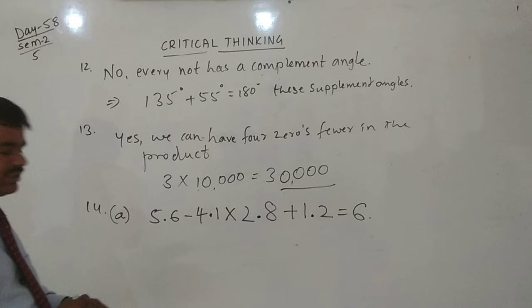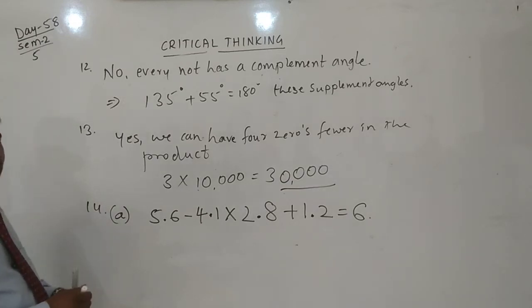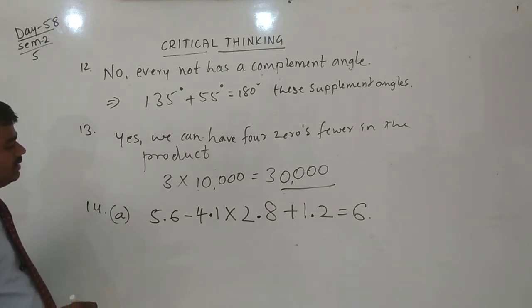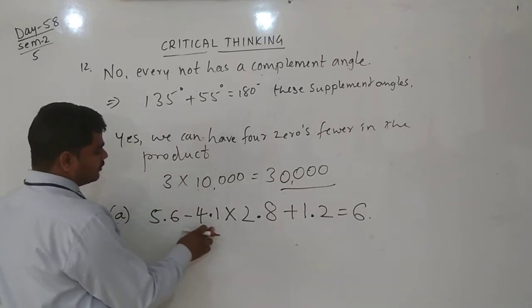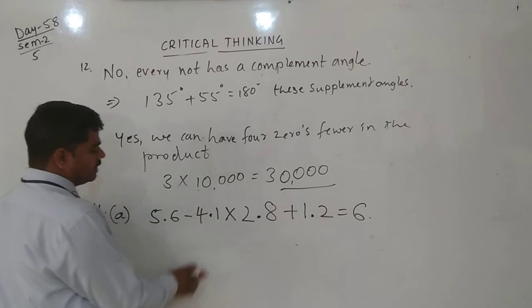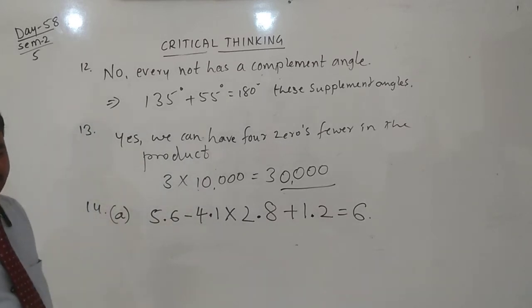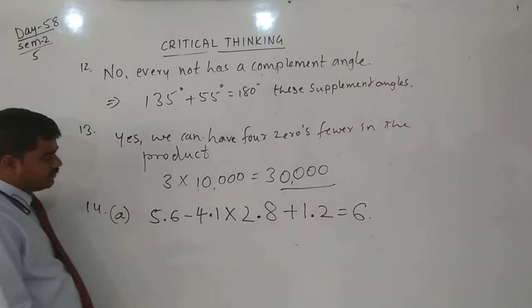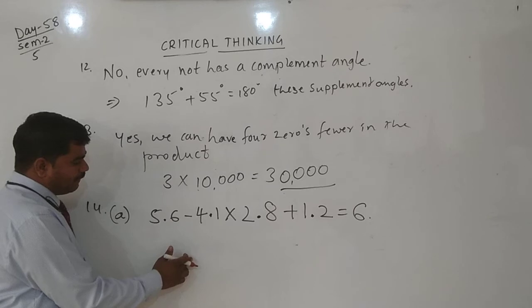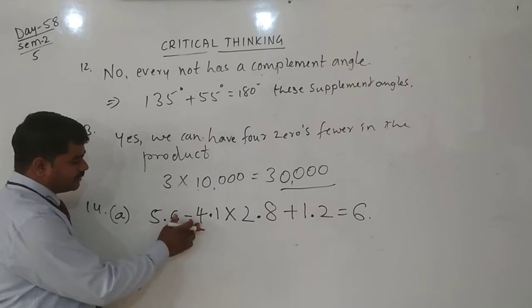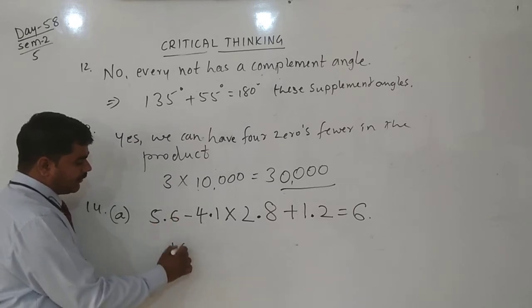Yes, where will the brackets come? Insert the brackets, the parentheses. Here 5.6 minus 4.1. What is the answer? Yes, you can write 6 minus 1 is 5, then 5 minus 4 is 1.5.